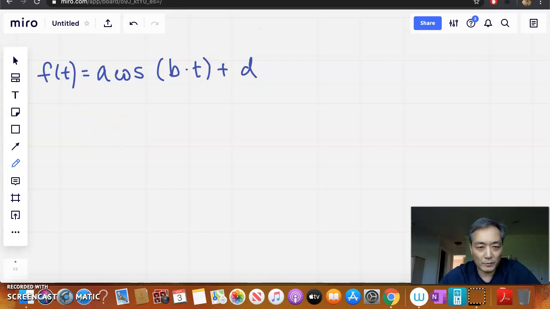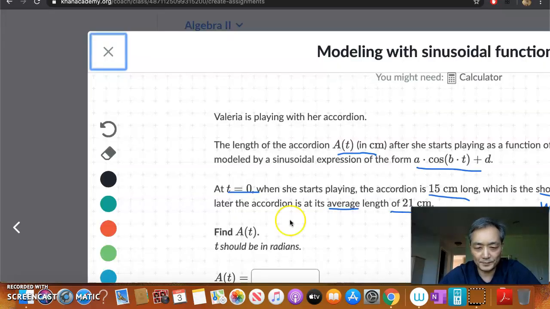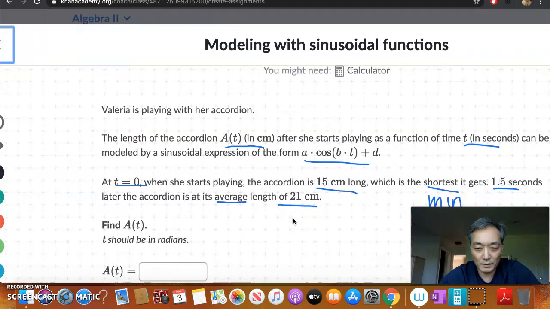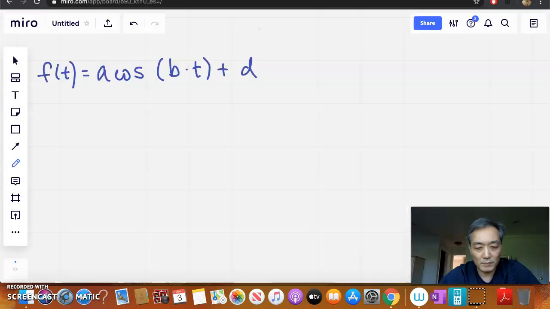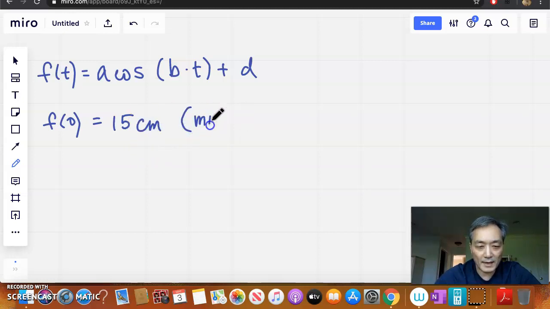We're given that at t equals 0, the function at 0 is 15 centimeters, and this is the shortest, so it is at its min.